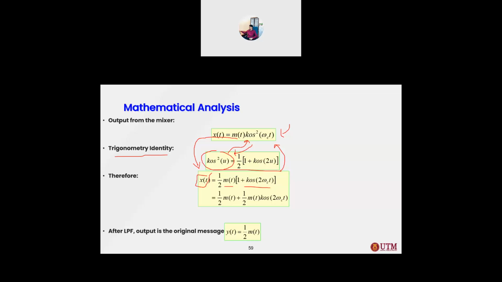After that, it needs to go to the low pass filter. When it goes to the low pass filter, obviously this one will be removed. Why? First reason, it is a carrier frequency, which is far higher than the low pass filter cutoff. And the next one is actually having 2, so it's like the harmonics. Of course this one is a higher frequency, that's why we remove all of them.